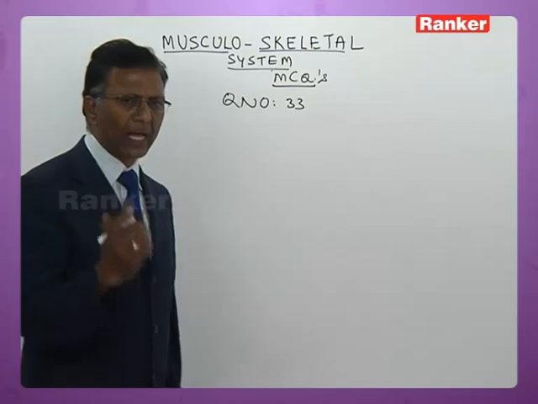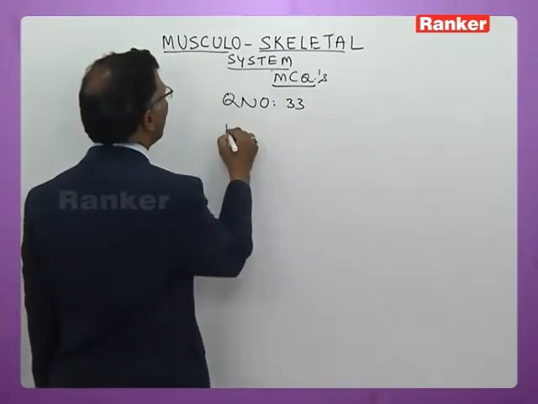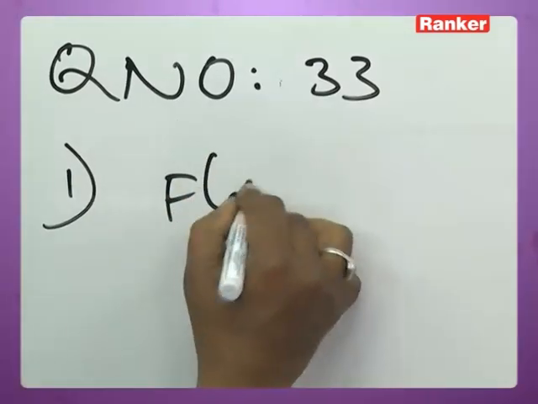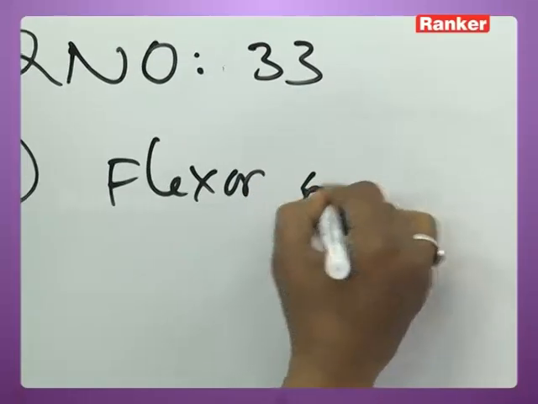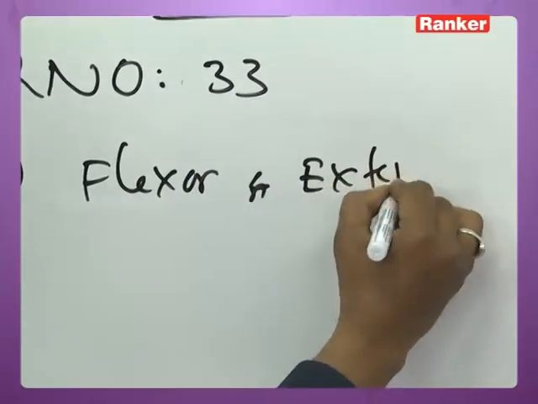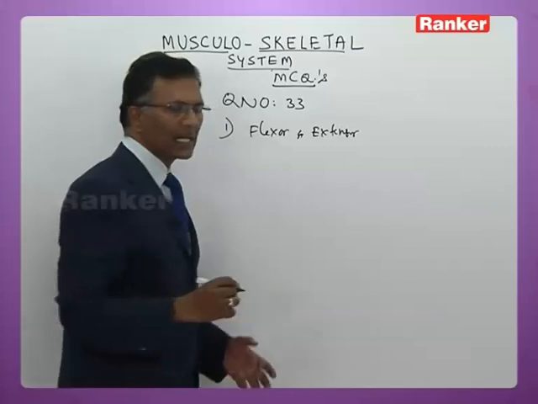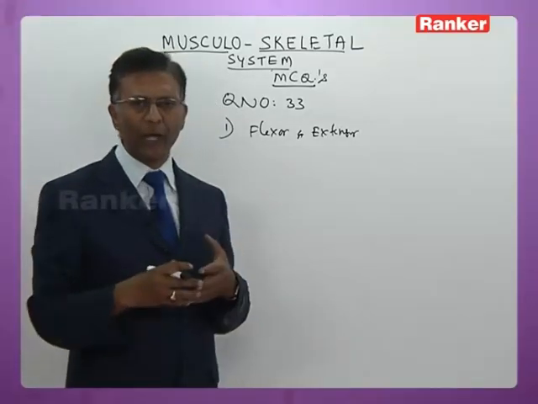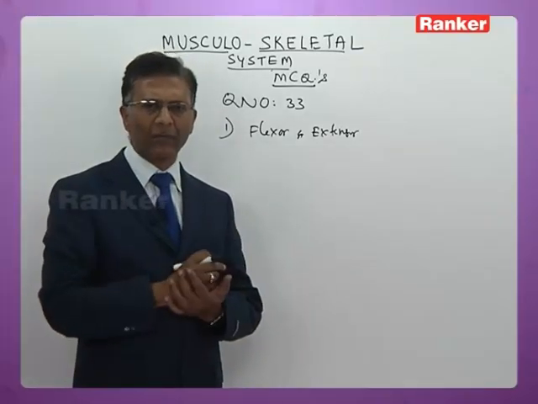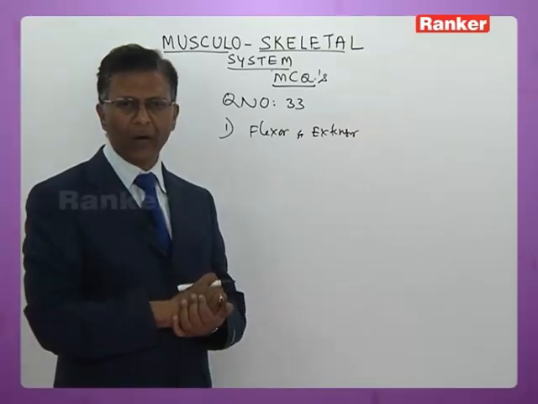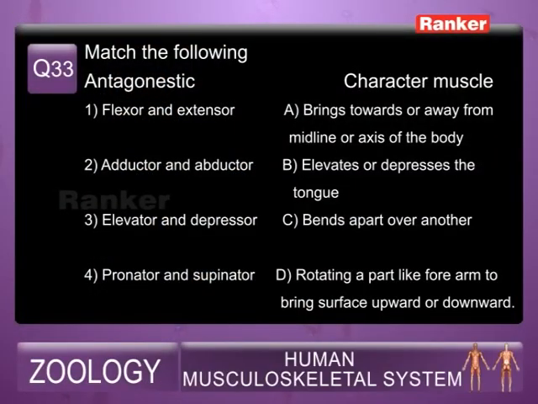Let's try to find out the answer. Students, table 1, if we take, is talking about flexor and extensor. Flexors and extensors are the muscles which help in folding and stretching of a part of the body. So among these, brings towards and away from the middle line, bends a part over another.